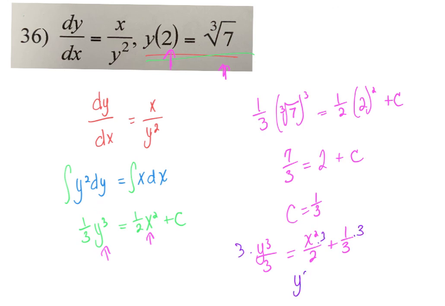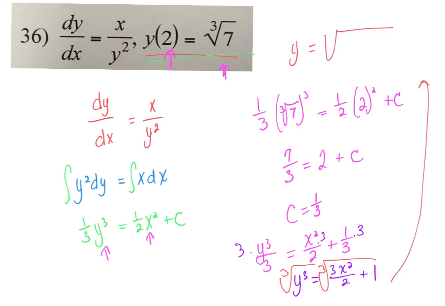So I have y cubed equals 3x squared over 2 plus 1. And then just take the cubed root of both sides. So I'm going to come up here with my answer. So y equals the cubed root of 3x squared over 2 plus 1. Or you could say 3/2 x squared plus 1, but that would be your final answer there.